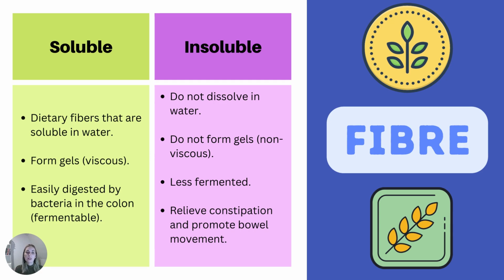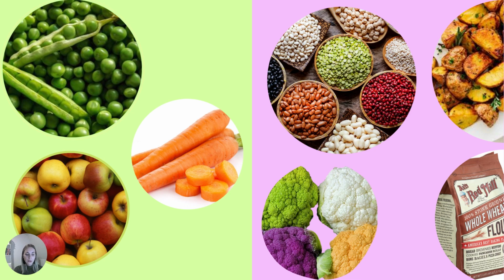So soluble fibers help to make it bulky, and insoluble fibers help to expel it out of our body. Really important for digestive health, and really important that we have them in our diet. Food sources for soluble fibers are your apples, carrots, and peas, and insoluble fibers are your cauliflowers, your beans, like legumes, and potatoes, whole wheat flour.